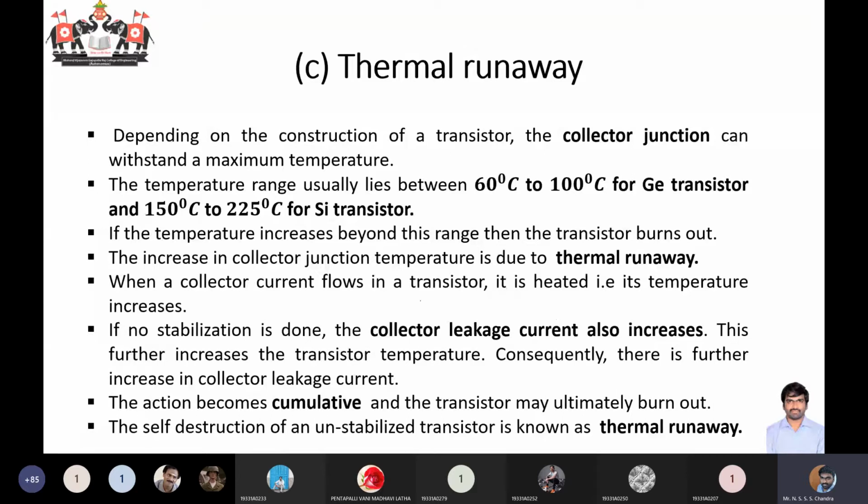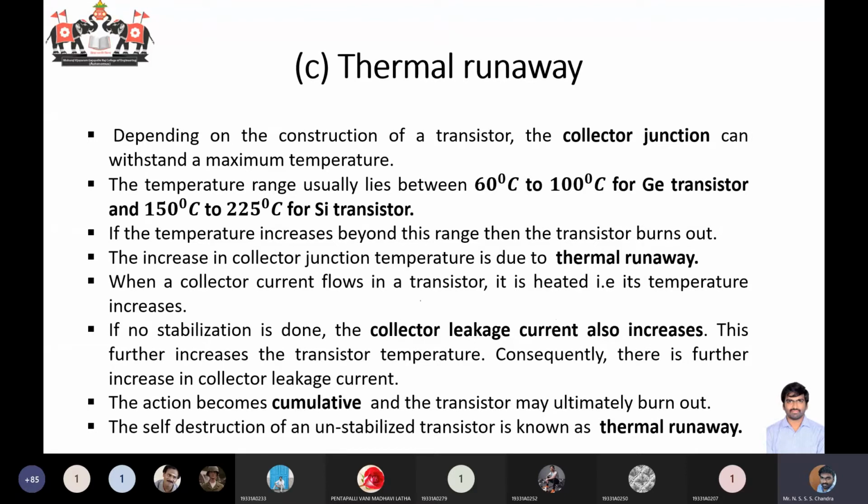Your collector junction has a maximum withstand temperature of around 60 to 100 degrees centigrade if it's a germanium transistor, and 150 to 225 degrees centigrade if it's a silicon transistor. If the temperature increases beyond these values, then the transistor will not work properly and will get permanently damaged. This increase in temperature is contributed by thermal runaway.